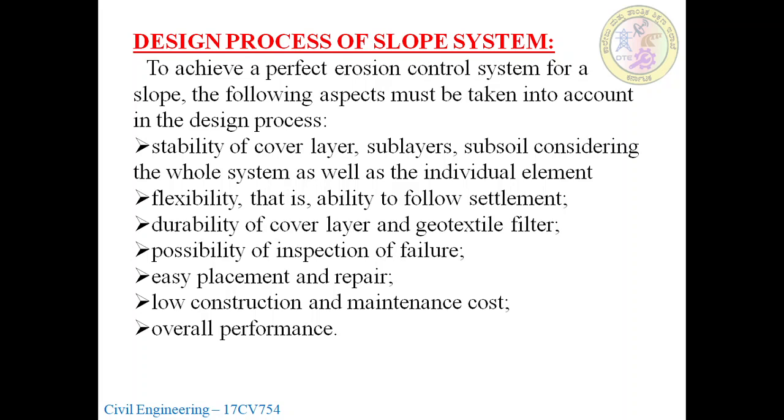numericals. The design process of a slope system: stability of the cover layer, sublayers and subsoil, considering the whole system as well as the individual elements; flexibility, that is, the ability to follow the settlement; durability of the cover layer and geotextile filter; possibility of inspection of failure; easy placement and repair; low construction and maintenance cost; and overall performance.